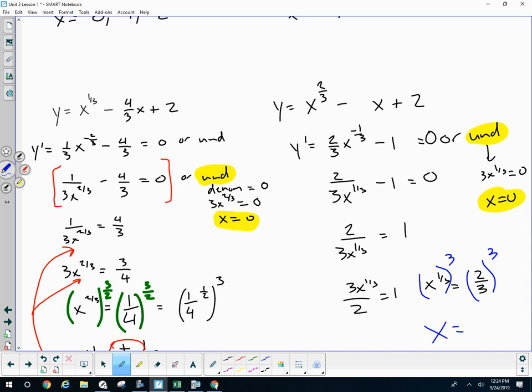So 2 cubed is 8, 3 cubed is 27. Since I'm just cubing things, since this is the cube root of x, the sign is retained. So if it was negative, it'd stay negative when I cube root it. When it's positive, it stays positive. So that's why I don't need a plus or minus in this situation, because negative 8 over 27 cube rooted would give me negative 2/3. I don't want that.